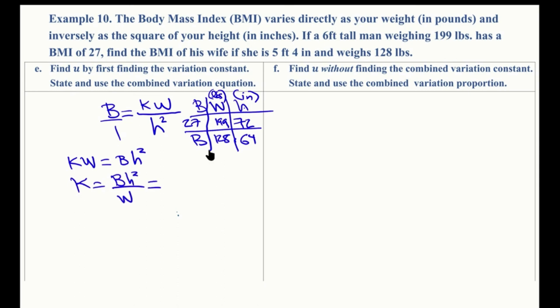Now we'll substitute these values in here. So b is 27, h is 72, so we need to square it, and then over W, which is 199.